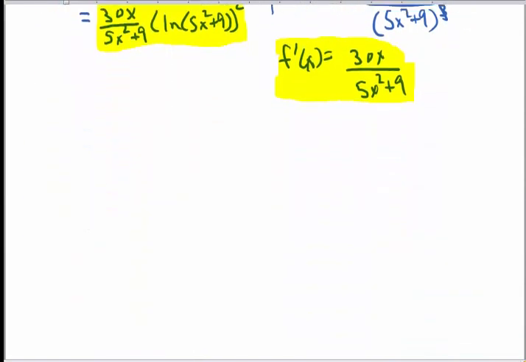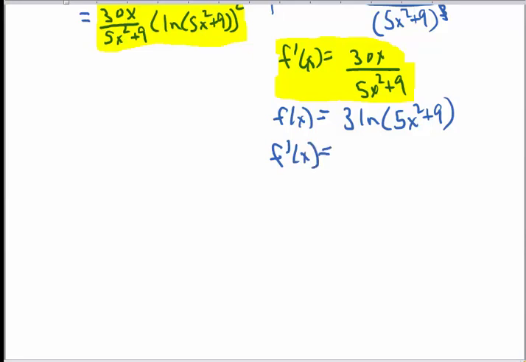So I could have initially written f of x as 3 ln of 5x squared plus 9. And now it's much simpler, because now it's just the ln of u, and the derivative of the ln of u is just u prime over u. And if I have a constant times a function, the derivative is just the constant times the derivative of the function.